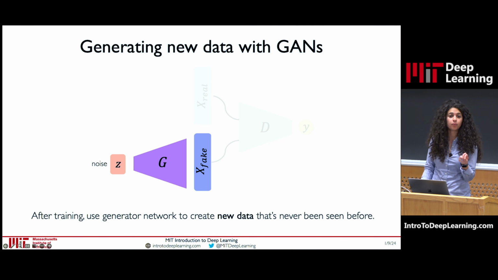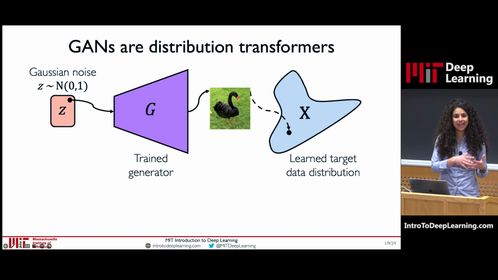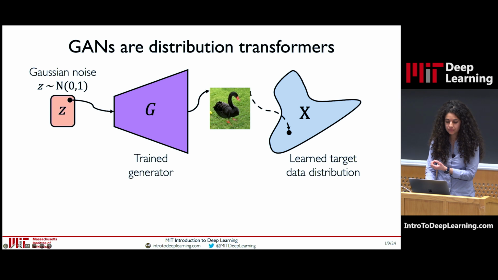Here, sample means just picking different points from the initial distribution of random noise. The concept is that the GAN is effectively learning a transformation of a distribution, moving from Gaussian noise, pure random noise, to this learned target distribution.